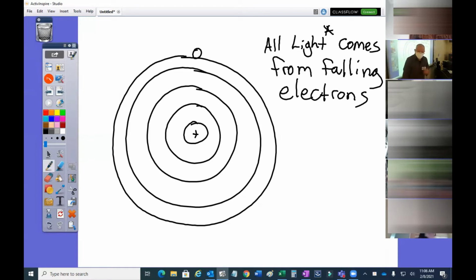I would give extra credit for anybody that can find them: there are two exceptions to where light comes from other than falling electrons. But I'm going to tell you, at this level of your life and education, you probably will never know the other two sources of light. Isn't that sad? The teacher's telling you you're never going to know something. You won't hear it from me, kids. There are at least two other sources of light that are really bizarre.